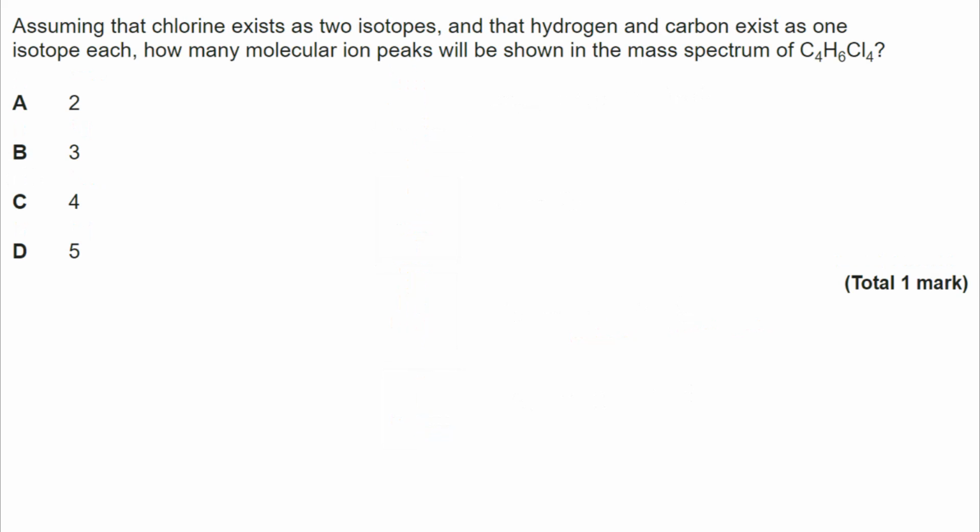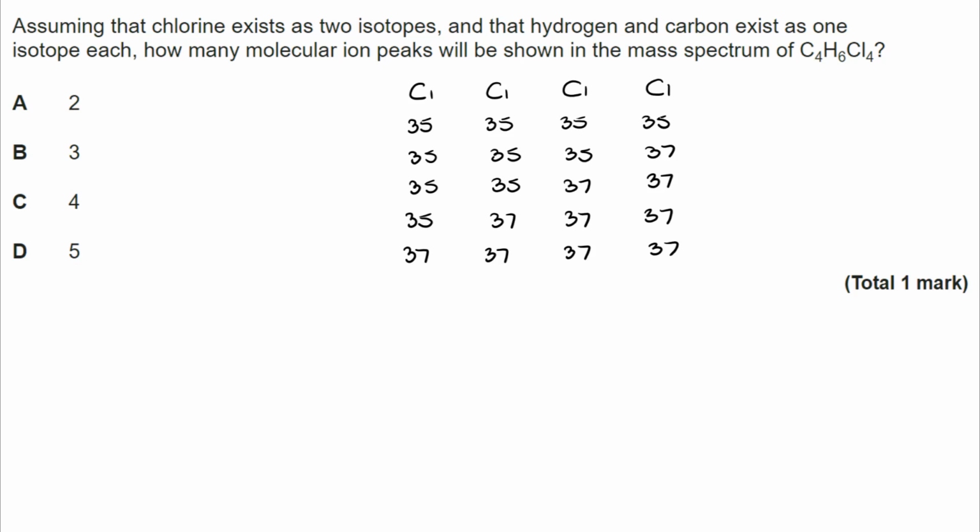Okay, assuming that chlorine exists as two isotopes, 35 and 37, as I'm sure you know, and that hydrogen and carbon only exist as one isotope, how many different molecular ion peaks would be shown in this mass spectrum? Crucially, this has got 4 chlorines in it. So what we've got to do is work out how many different variations there can be. I could have 4 35s.